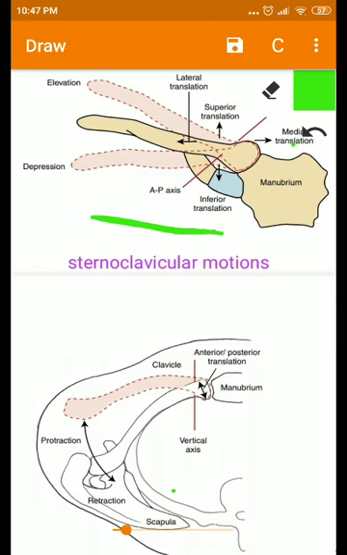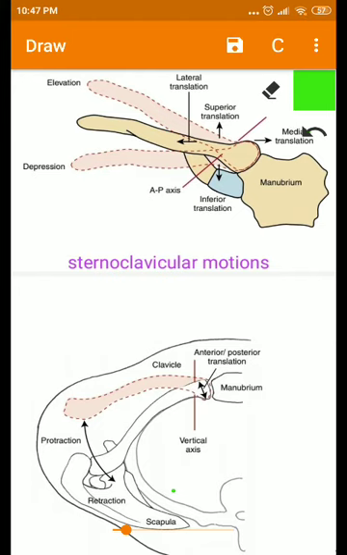The clavicular anterior and posterior rotations are long axis rolling motions of the entire clavicle.